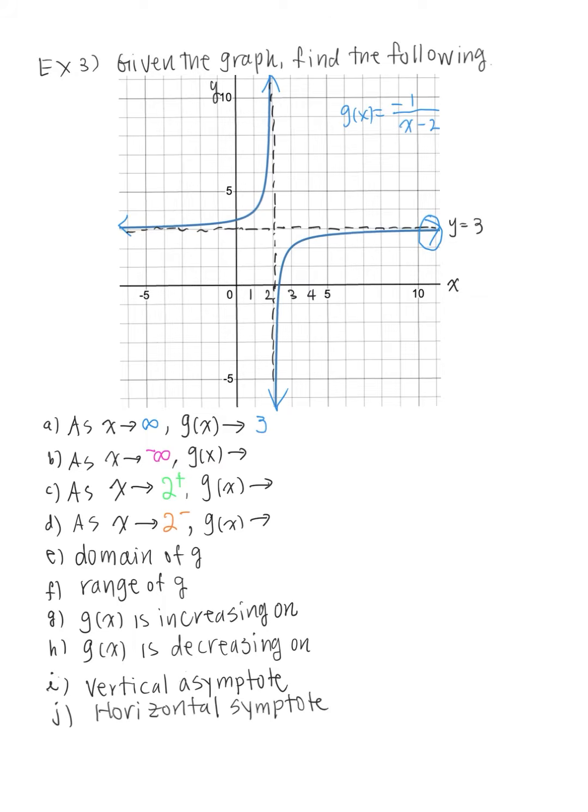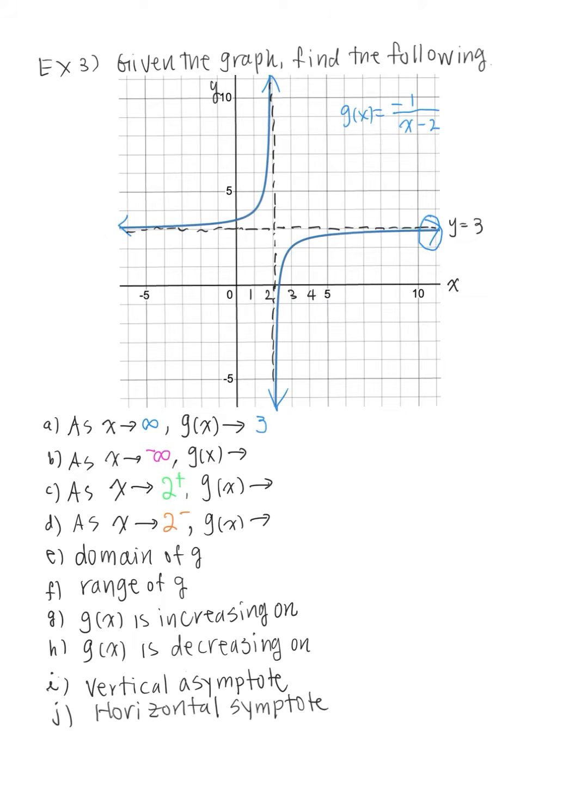Let's do part B. As x approaches negative infinity, g of x approaches what? Again, as x travels towards negative infinity, where is the tail end of this graph going? I believe that it is going towards y equals 3 again.